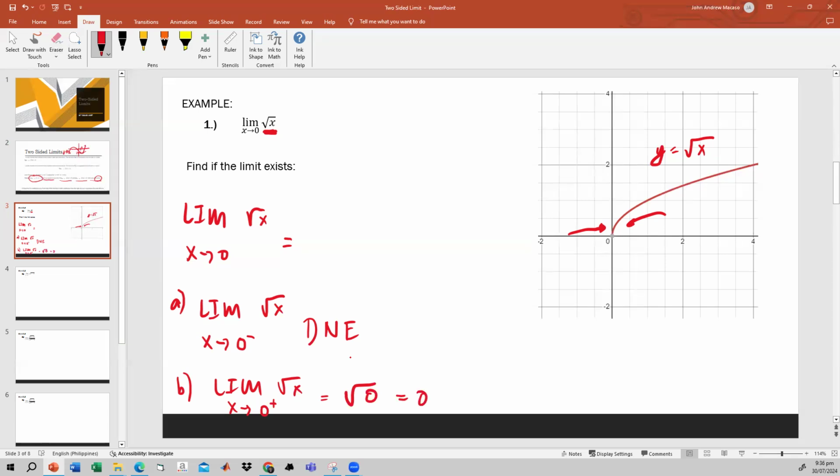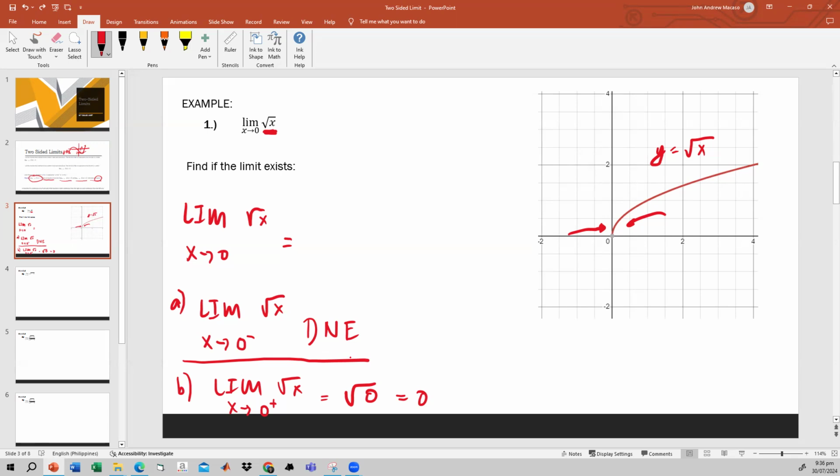Sir, again, how did you know that this letter A is DNE? Just try to imagine this, class. If you plug in a negative radicand over here, what will happen to the value? It will become an imaginary number, right? Because the square root of a negative number will become an imaginary number.